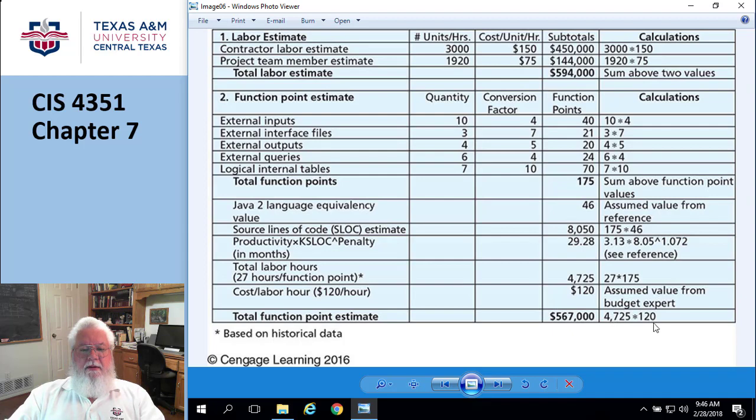Okay, cool. So labor, a cost estimate, and then the function point estimate. I know it's a little weird. Again, I'm not trying to teach you how to be an estimator for software projects. This is not really what this is about. So assuming that you had an estimator on staff, this would be what they would be doing.